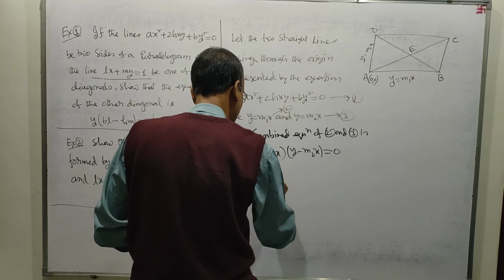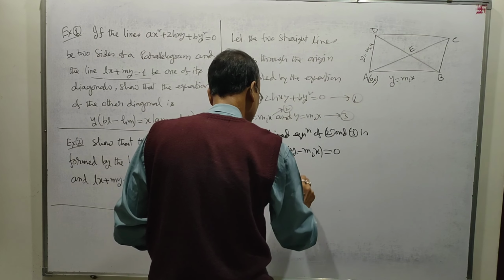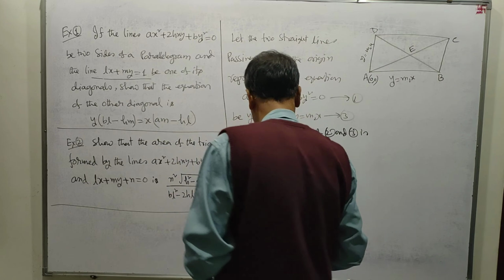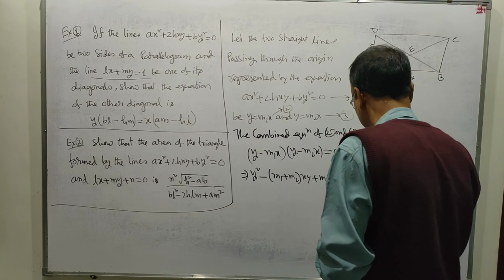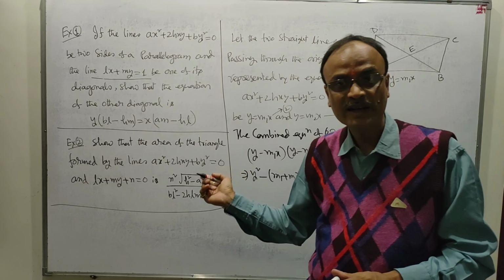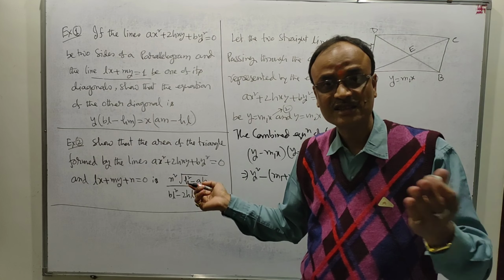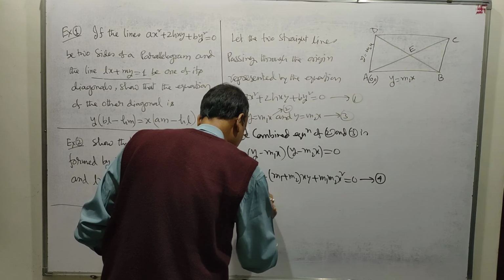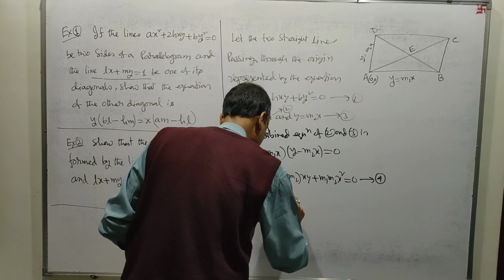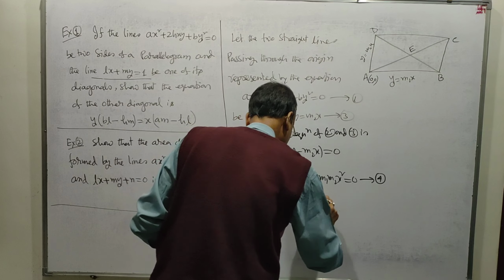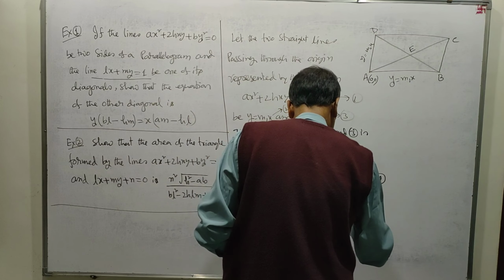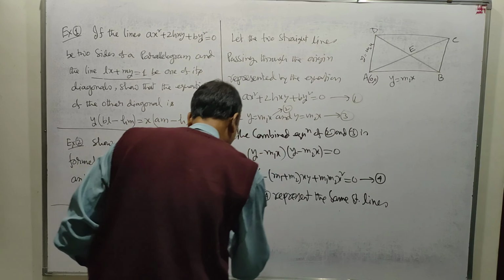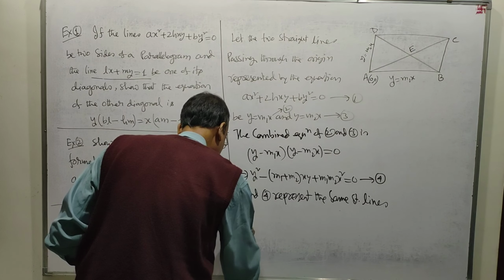This means y square minus m1 plus m2 into xy plus m1 m2 x square equal to 0. This is number 4. 1 and 4 represent the same pair of straight lines. Therefore, comparing 1 and 4 we get.